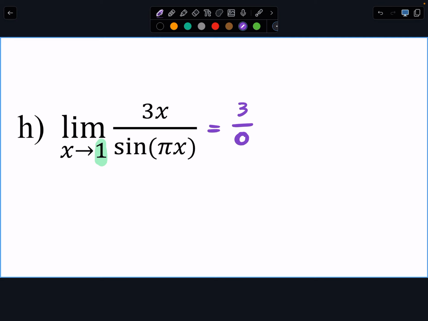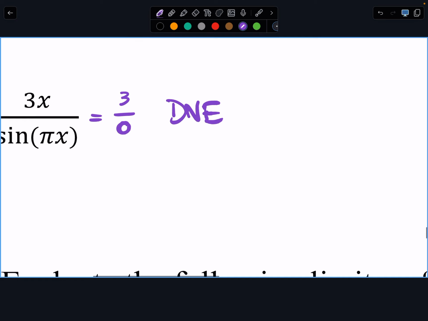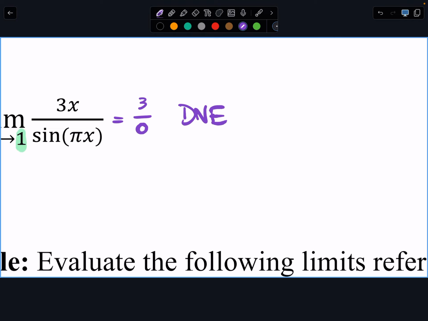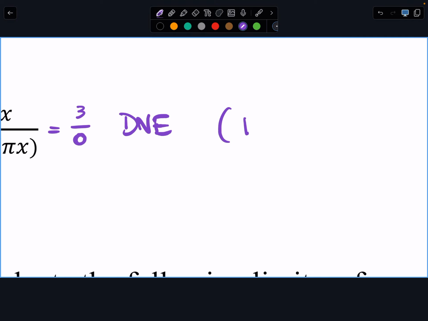Does not exist. For now, all we can say is DNE. Whether we could say positive infinity or negative infinity is going to be continued in section 1.5.